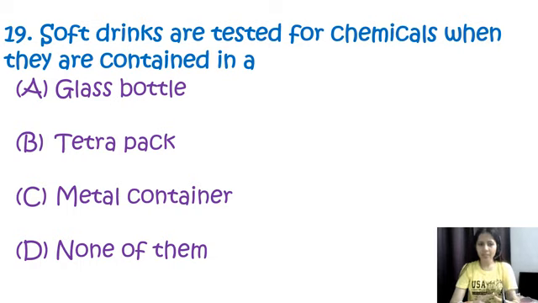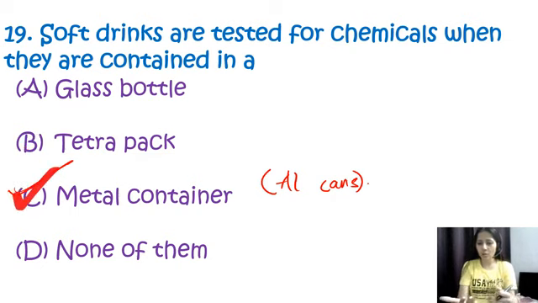So over here, you have also seen in the market that these soft drinks are basically contained in metal containers, for example, aluminium cans. These are commonly used for packaging soft drinks. Now these containers undergo testing to ensure that they meet regulatory standards and are safe for storing these beverages or fruit juices.